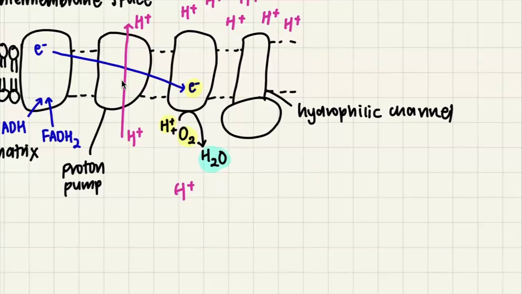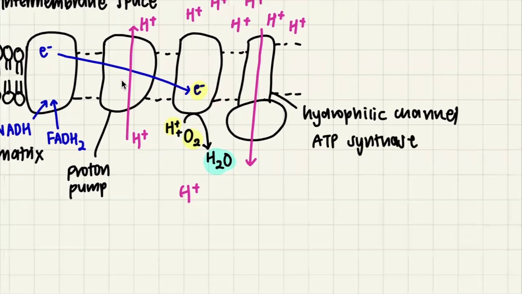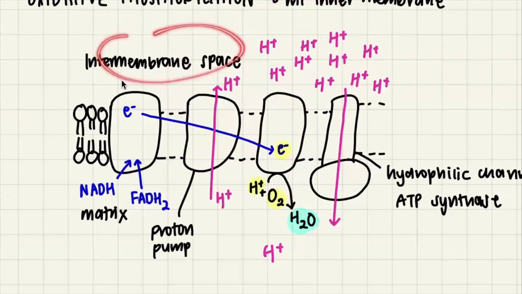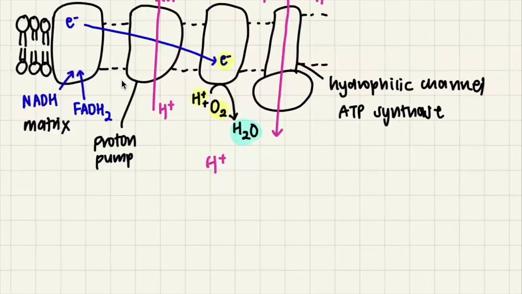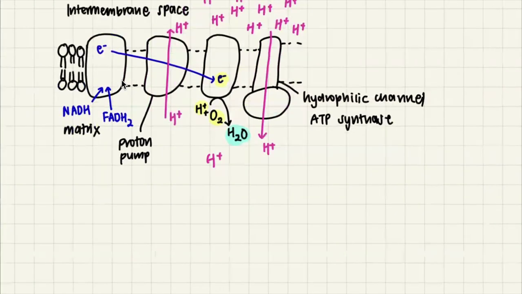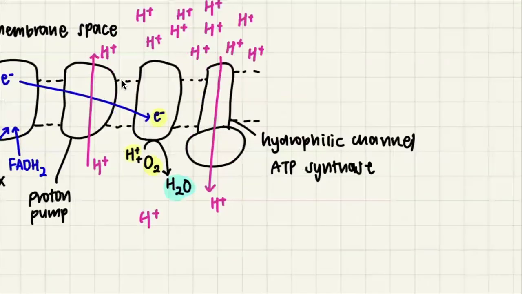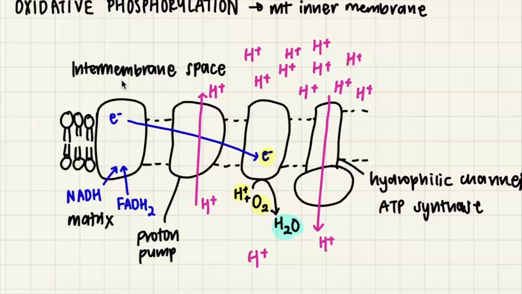So the hydrogen atoms are transported through the hydrophilic channel of your ATP synthase from the intermembrane space to your matrix. So your ATP synthase will use the proton gradient between your intermembrane space and your mitochondrial matrix to synthesize ATP from ADP and Pi, which is inorganic phosphate, using the proton motive force.